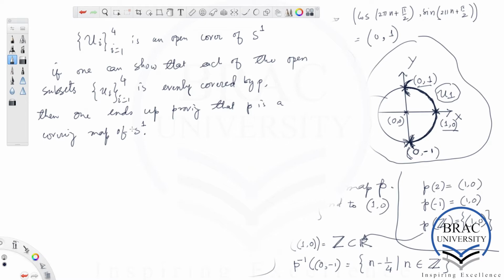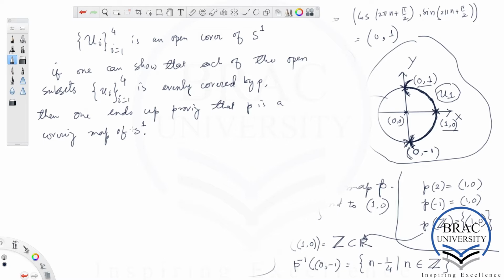But since we are proving that all these four open sets are evenly covered, and since any point on the circle will have one of these four sets as its neighborhood, one ends up proving that that point is contained in a neighborhood that is evenly covered.